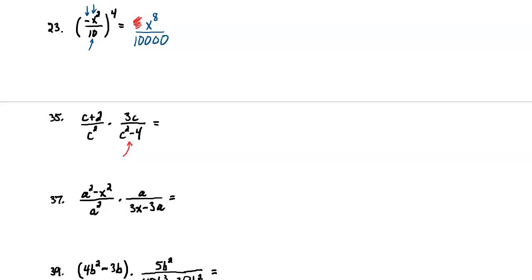Your first step is to factor that. We can rewrite the problem as c plus 2 over c squared times 3c over, now here comes the factoring, c plus 2 times c minus 2.